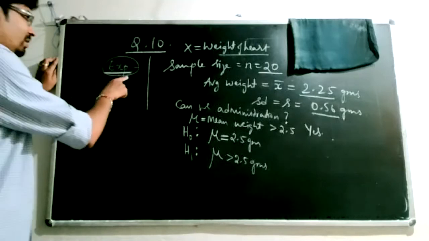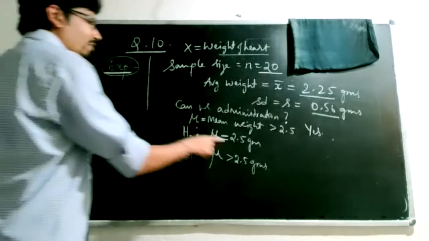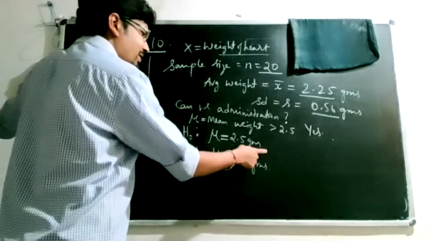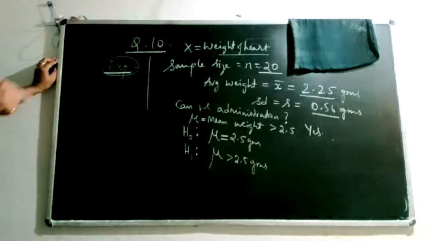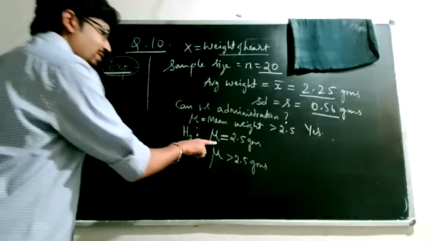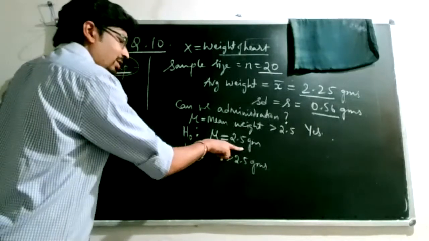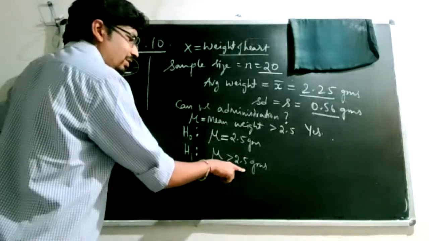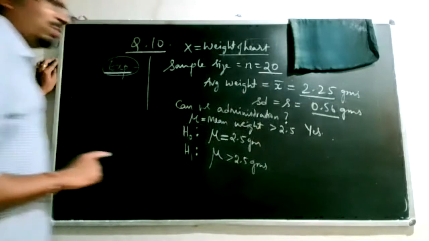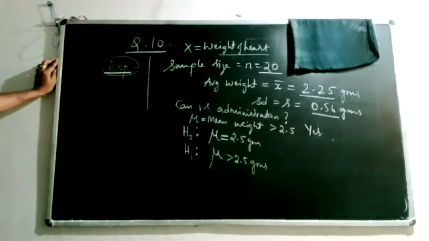We have the notion that whatever properties are observed in the rat naturally are still existing, and whatever we have fed has led to this case, so that I can administer the drug. So that's why our hypotheses are mu equals 2.5 grams versus mu greater than 2.5 grams.